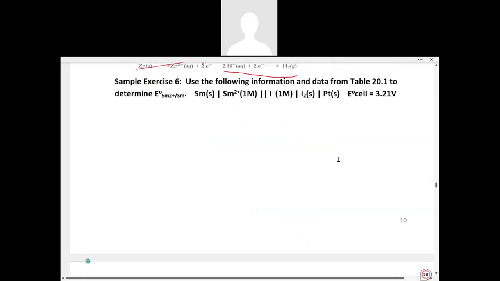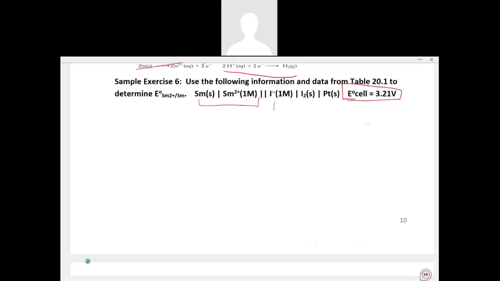and see if we can utilize the information provided in the table above. We're given our cell potential here as 3.21 volts. So that's going to be our overall cell potential for both of these half reactions. So we know that on this side, we're going to have our anode.